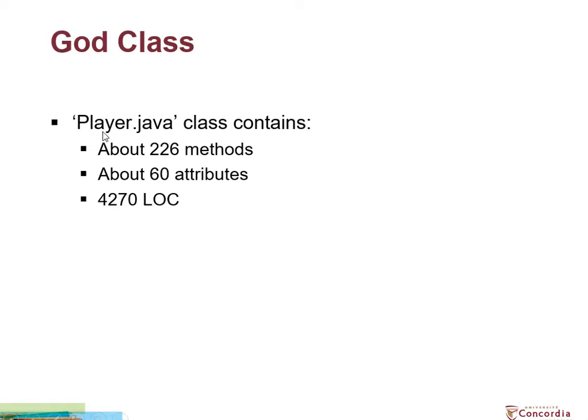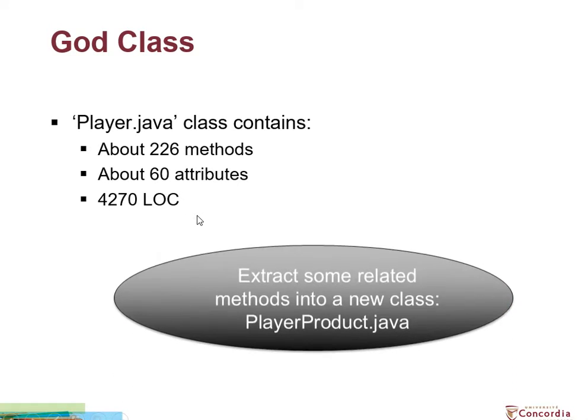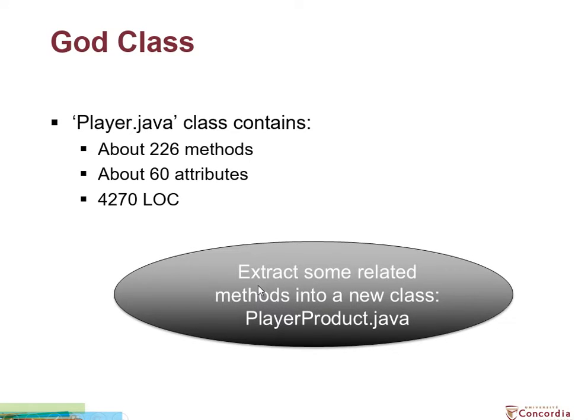So the first one is the God class. One God class we found in this software is the Player.java class, which contains 226 methods and about 60 attributes and 4,270 lines of code. So we should extract some related methods into a new class, which is PlayerProduct in our case.